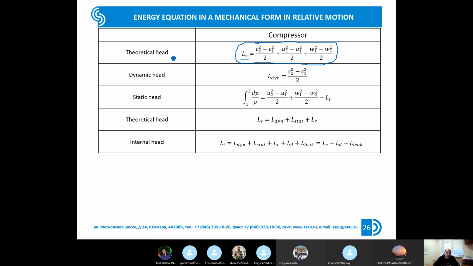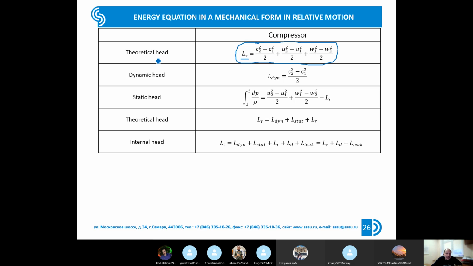In the compressor, usually the term head is used for designating specific work. It's only traditional. We will find a lot of examples where people who work with the compressor and people who work with the turbine use different names, different designations for one physical value.